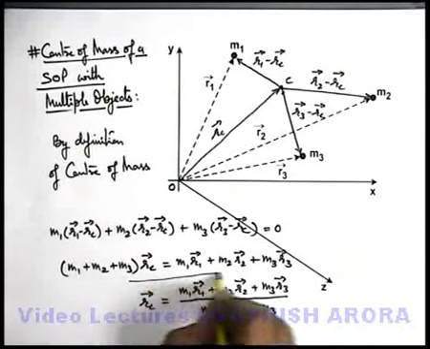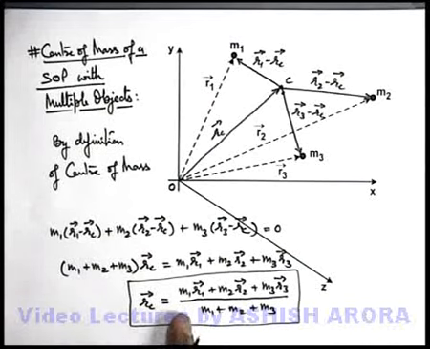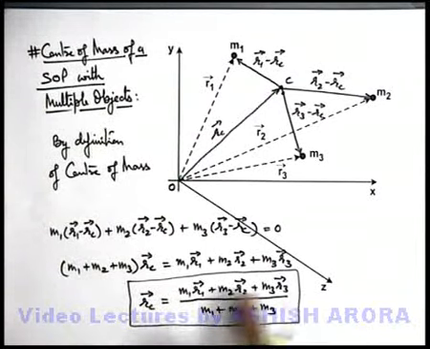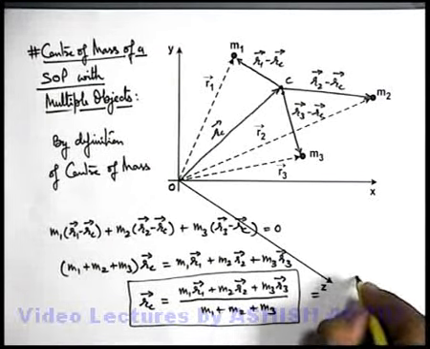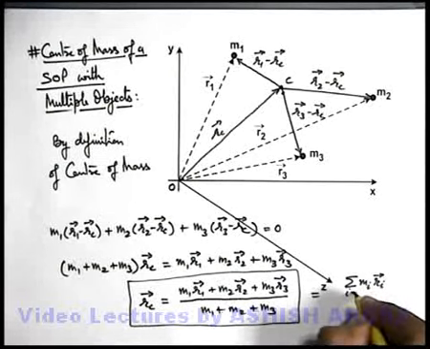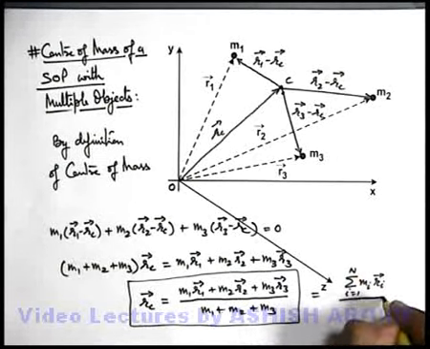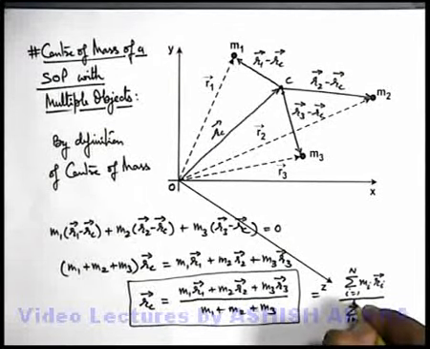Now this expression for the center of mass is a very important expression, and by symmetry of this expression we can say that it can be generalized for any number of masses. Here we have the result for three masses. This can be generalized as summation of mi ri from i equals 1 to n divided by summation of mi from i equals 1 to n.